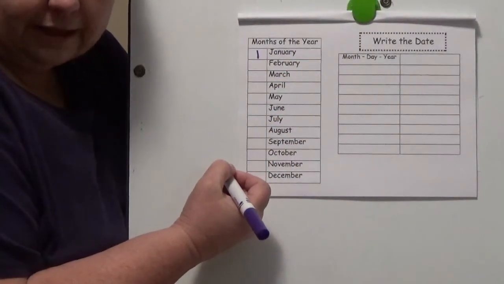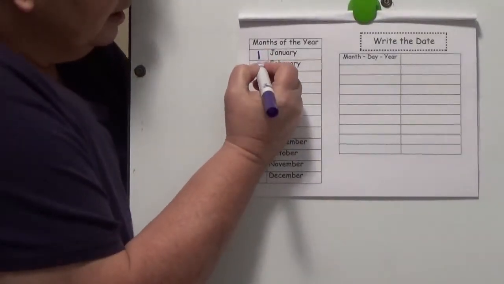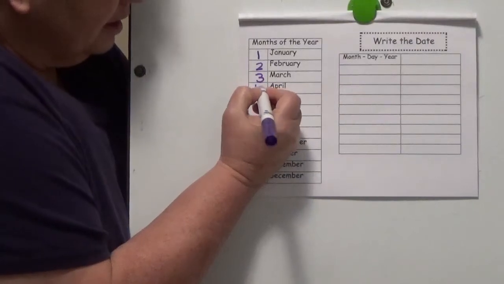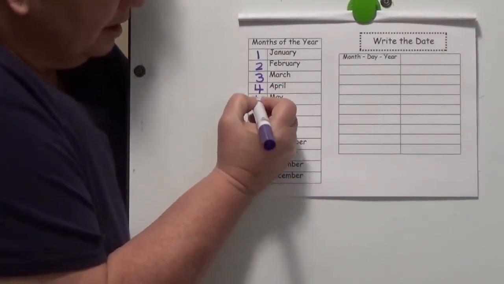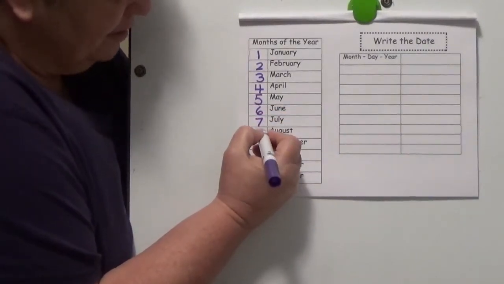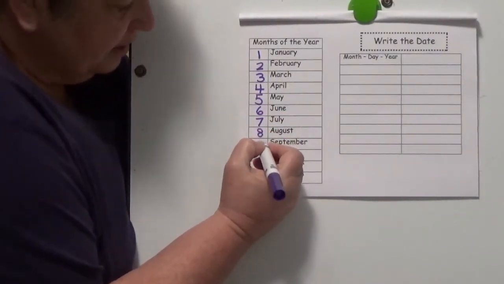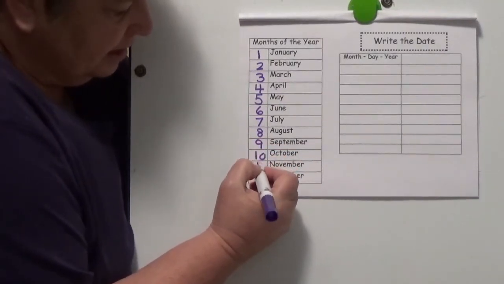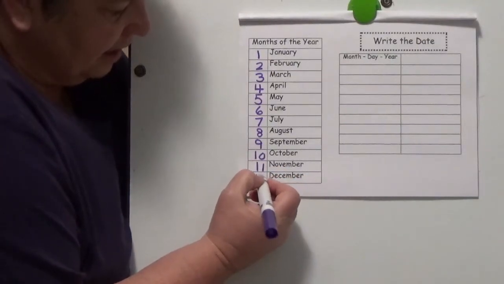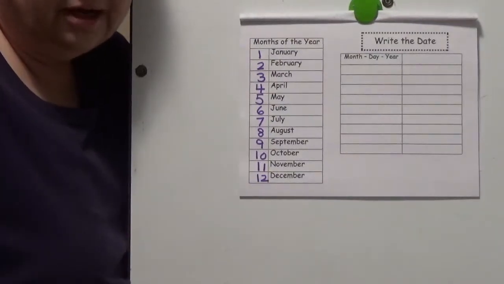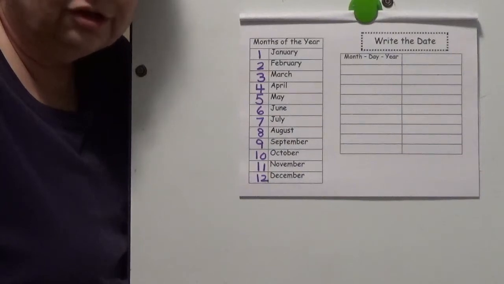So we'll need to fill in our numbers. 1, 2, 3, 4, 5, 6, 7, 8, 9, 10, 11, and 12. If there's something that you cannot get finished in time, then that's fine. You can always go back afterwards and do it then.